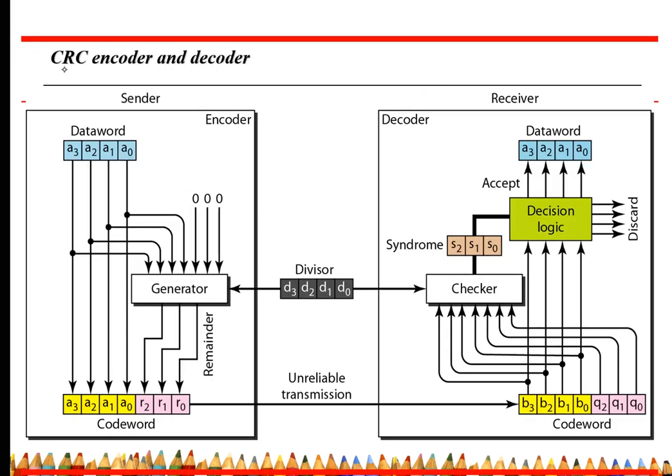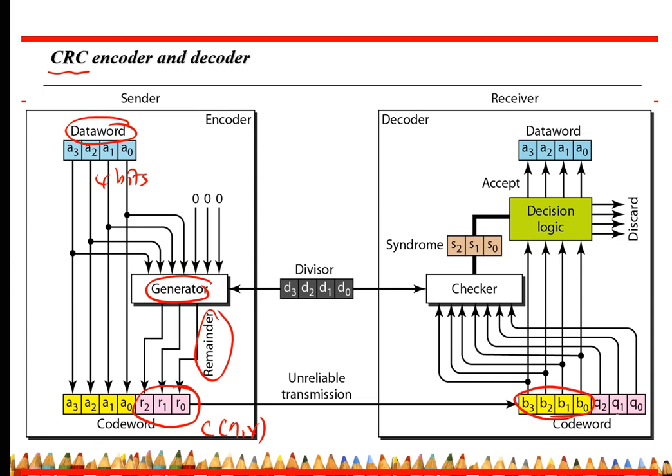The cyclic redundancy code has an encoder and a decoder. For example, the data word has 4 bits of data, and then the encode generator checks the remainder, and the remainder bits will be added to compose the code word. Okay, so this is the code. And then this code word will be delivered through an unreliable transmission line.